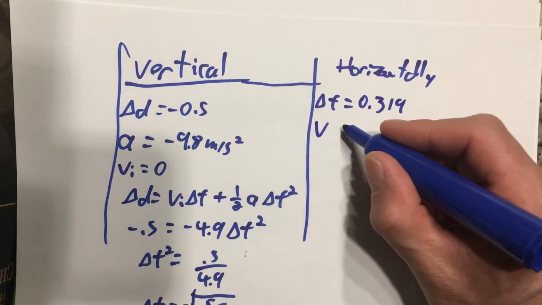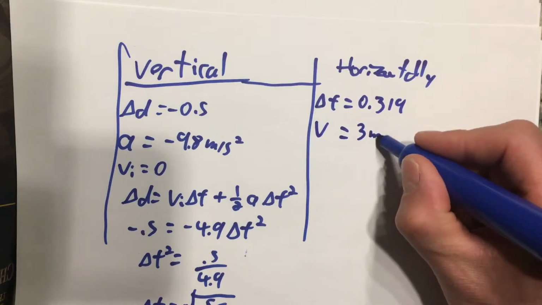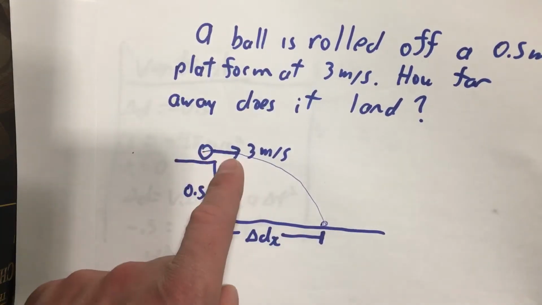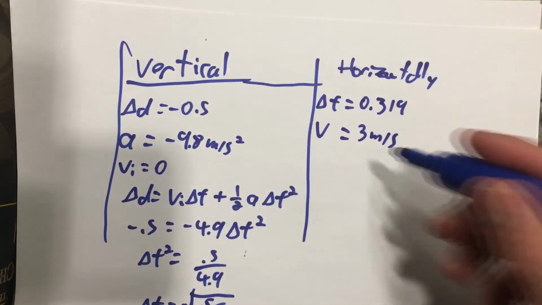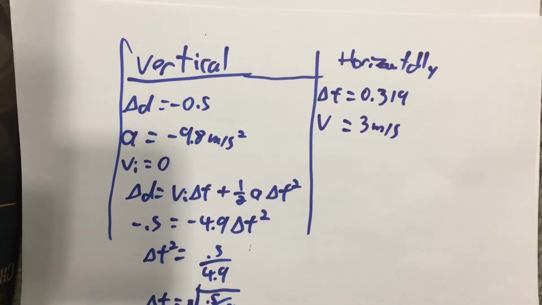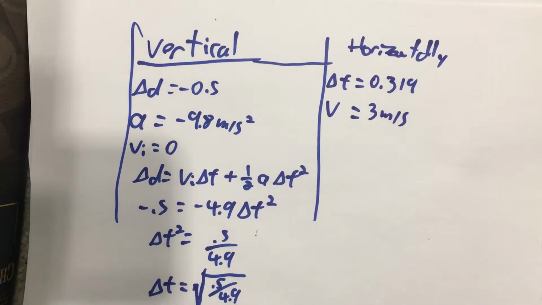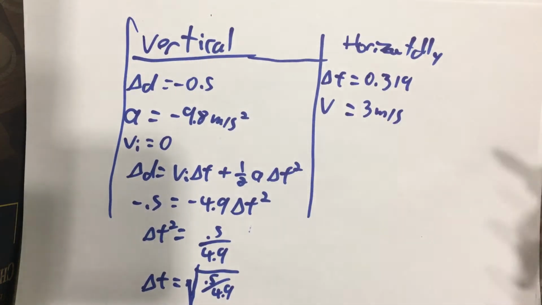It is 0.319. Our velocity is 3 meters per second. So you remember the ball was rolled off at 3 meters per second. Now, that's our initial velocity. However, there's no reason to believe this ball is accelerating forward or backward. So that initial velocity is the constant velocity, is the average velocity, so I'm just calling it the velocity.